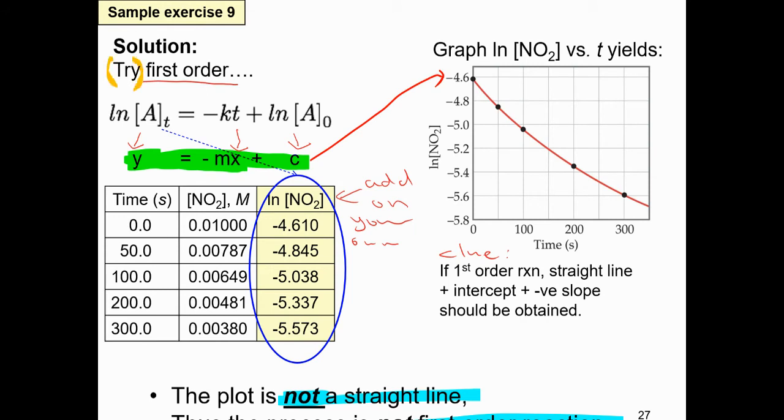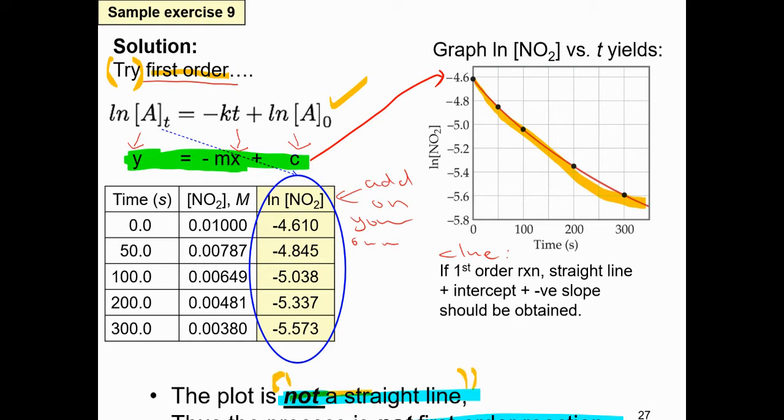Now let's try the linear graph method. In the linear graph method, one graph only represents one order. So let's say we try first order. Write the integrated rate equation for first order, just like now. When you plot, you still have the intercept, but this time you didn't get a straight line.